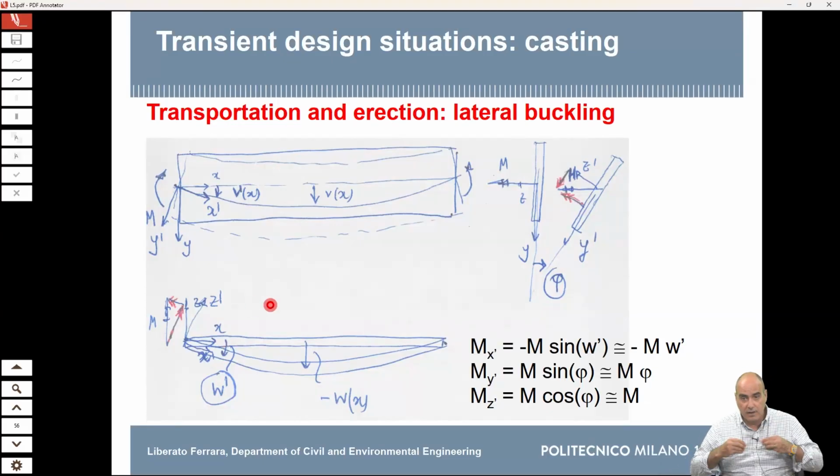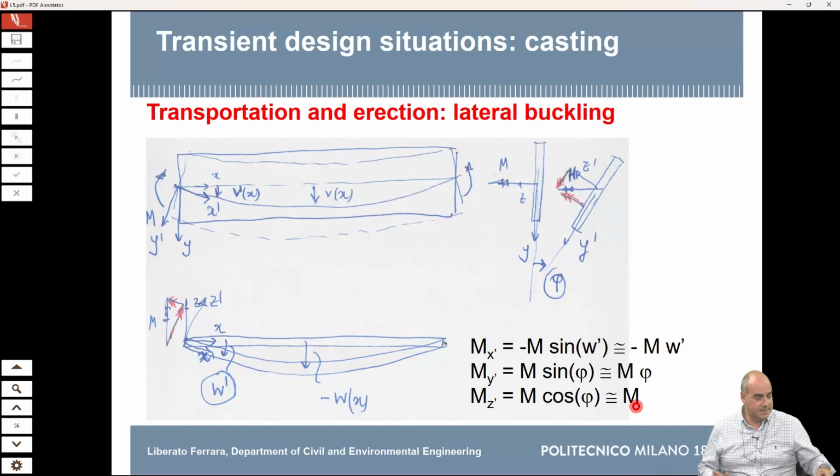So actually, what we have done here is to decompose the moment, which in the undeformed reference system was just M along z equal to M. We have decomposed it along the new axes of the reference system, x prime, y prime, z prime. And we have components along all three of them. Minus M w prime for the torsional moment, M phi for the lateral bending, M for the vertical bending.